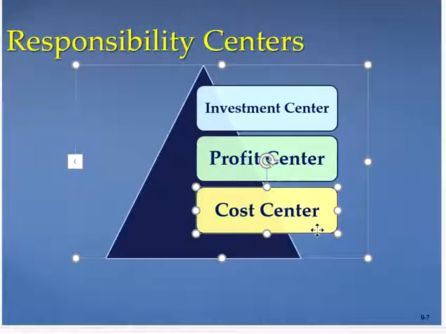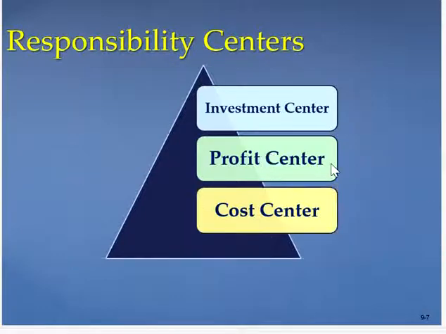Similarly, we have a profit center, right? A profit center is different from a cost center, right? It not only incurs cost, but is also responsible for generating revenue as well.